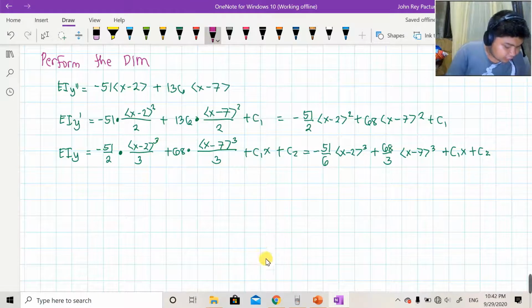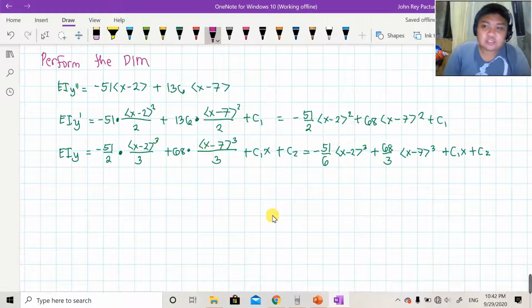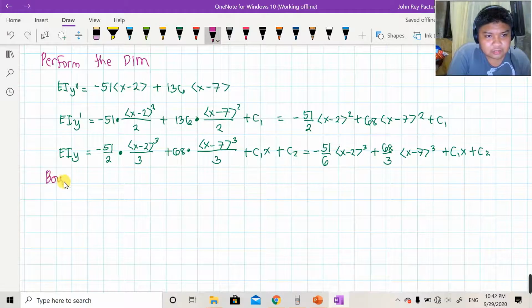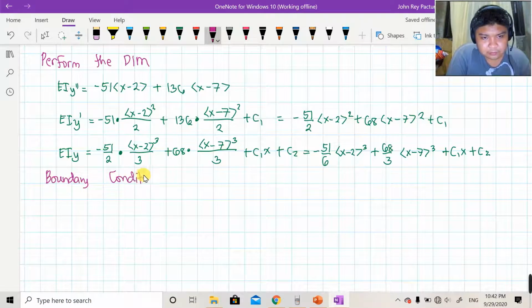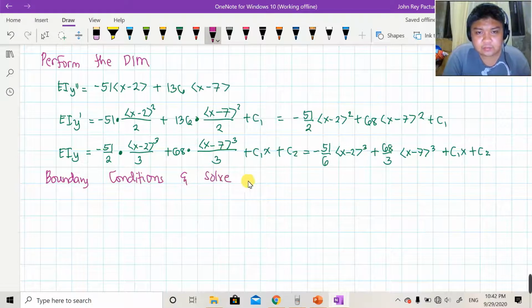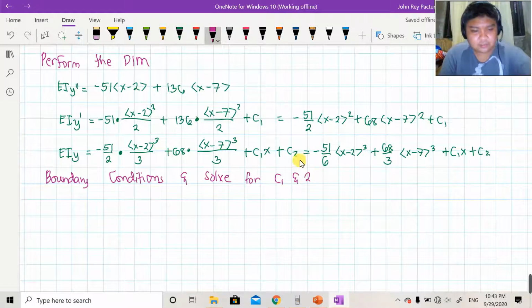After this, class, we also need to find the values of C1 and C2 using the boundary conditions, right? So, we need to find the boundary conditions and solve for C1 and C2. Okay?